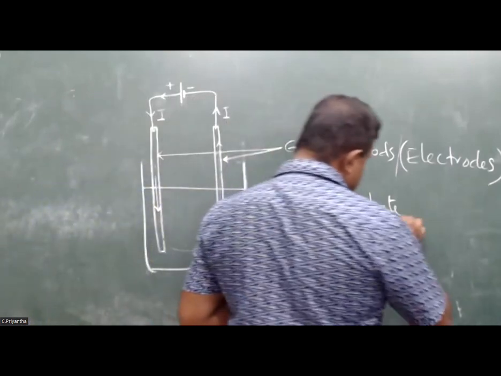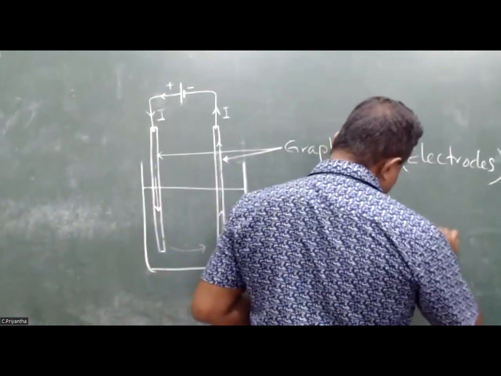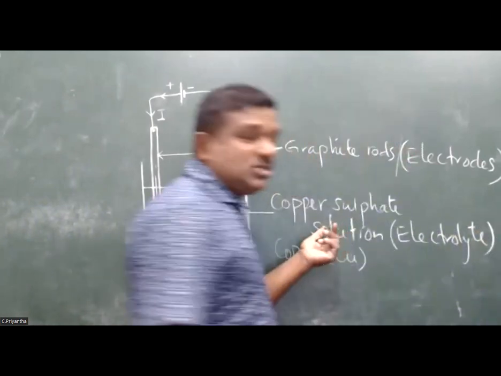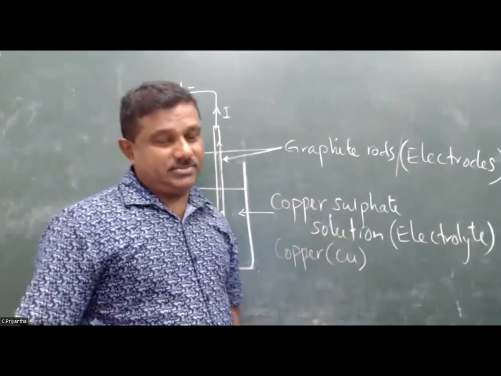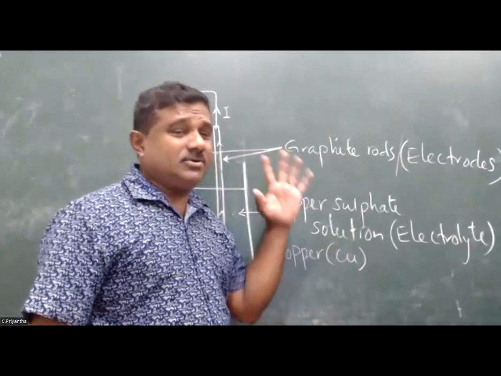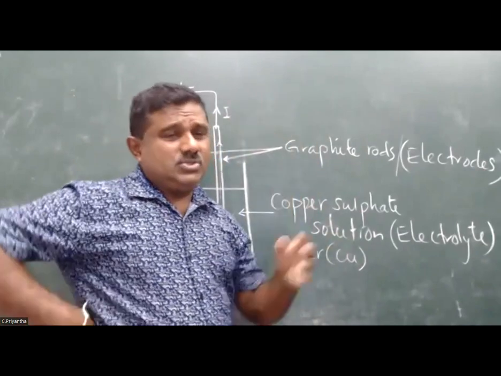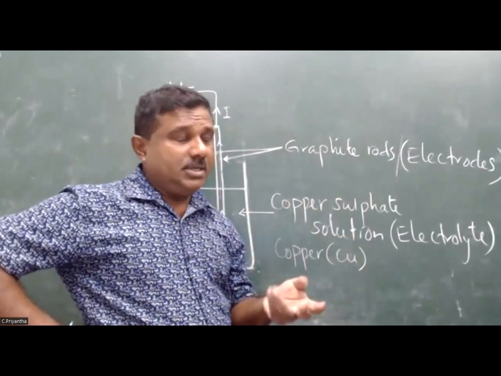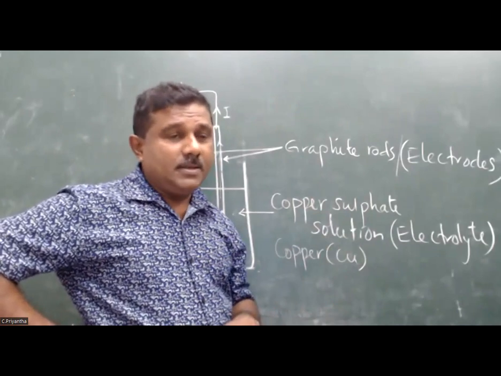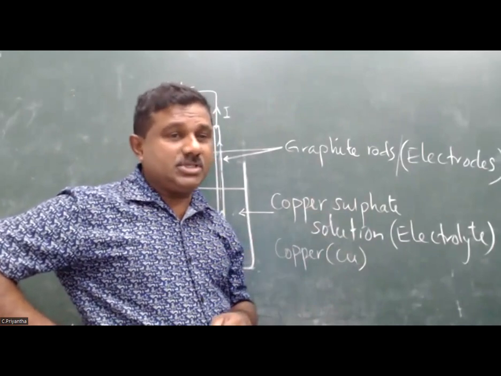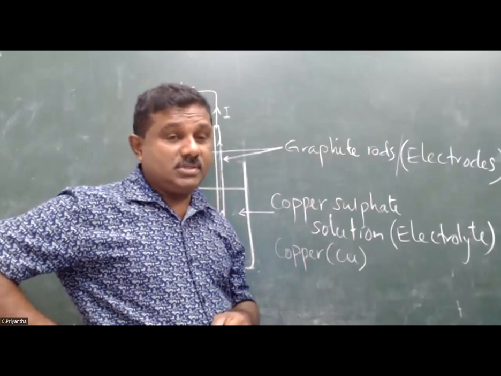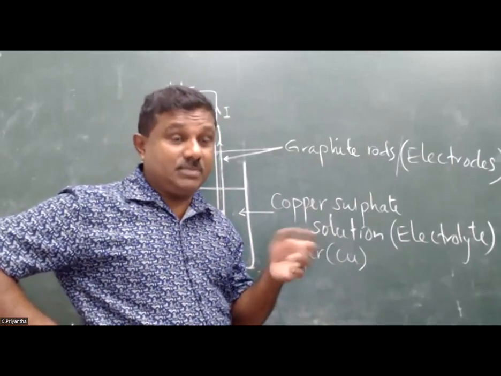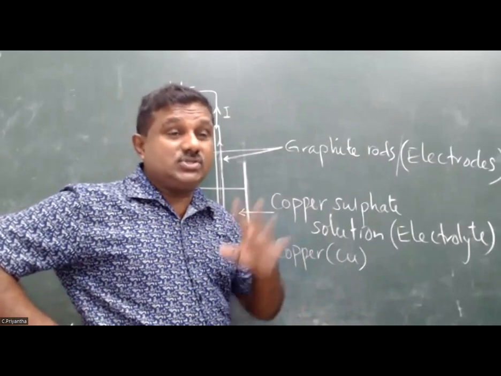So this solution is known as the electrolyte. Copper sulfate is only one of the electrolytes. There are a number of electrolytes: sodium chloride solution, copper sulfate solution, copper nitrate solution, sodium sulfate solution, acid solutions, acidified water, meaning water with some acids.